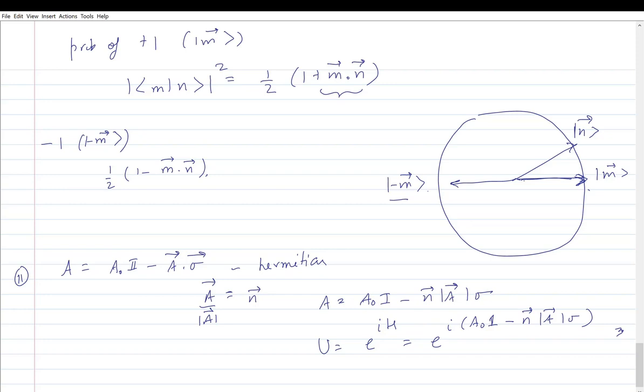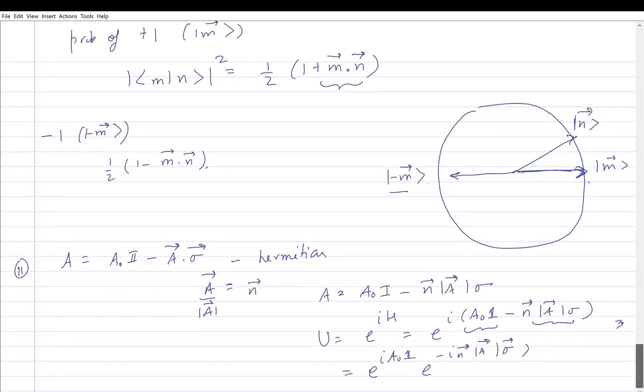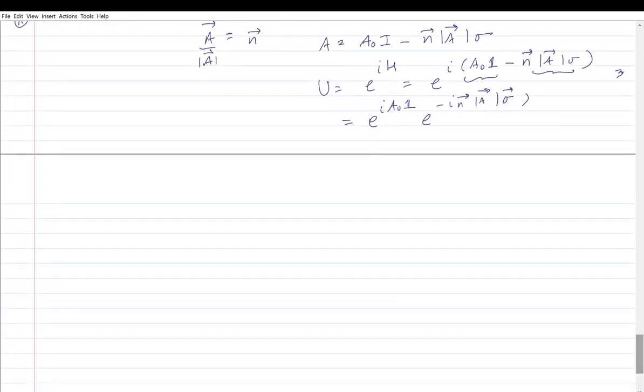When I expand it, because I commutes with this guy, I can just expand it as this guy, and I get this, so this is also known as the rotation operator.